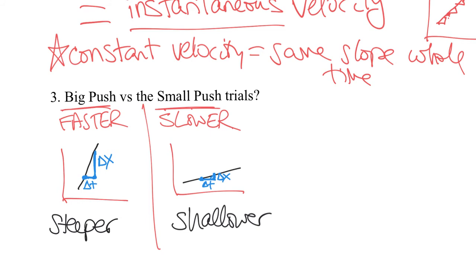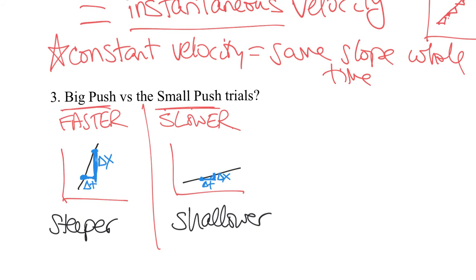The deltas. Okay. Remember, deltas mean change. So I'm looking at this point versus this point, these two points. I went a certain distance, from here to here, in a certain amount of time.